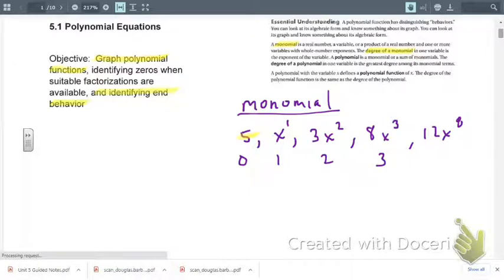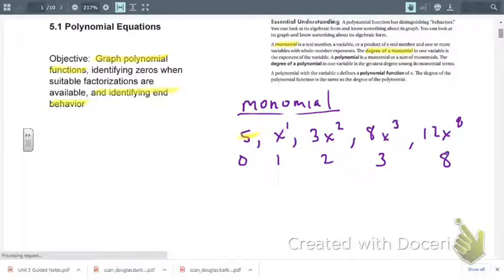And 12x to the eighth, the degree would be 8. Like the definition said, it's the exponent of the variable. And if a variable like x doesn't have an exponent, it's understood to be 1.